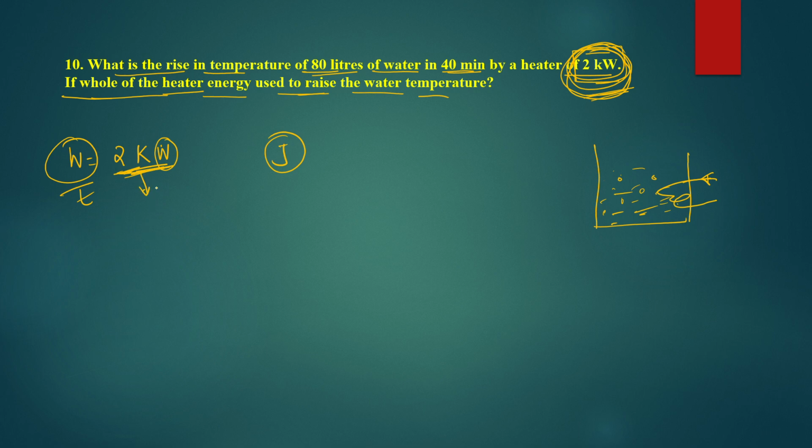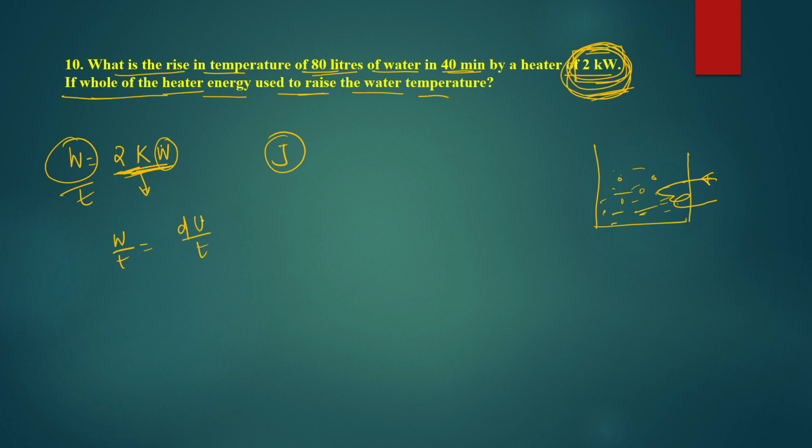Now we can write down: due to this work interaction there will be an increase in the internal energy, and we are assuming there is no loss, so I can write this work per unit time will be equal to the internal energy change per unit time, that is dU per time.